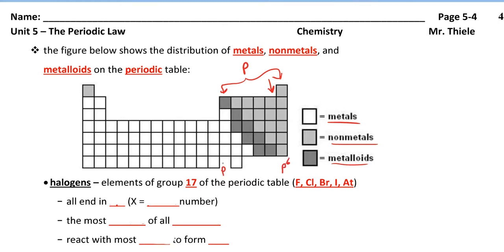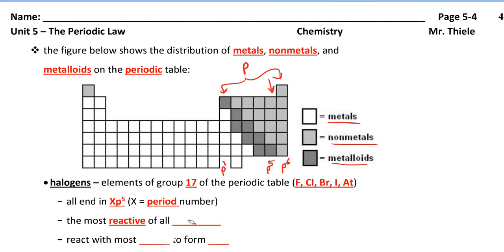Group 13 elements end in P1, 14 is P2, 15 is P3, 16 is P4, and then all of the group 17s are going to end in P5. So all end in XP5, with X again being equal to the period number.